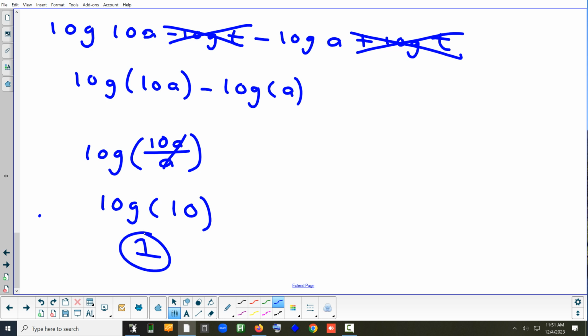If the ground motion changed by 100 times as much, what do you think the change would be on the Richter scale? It's a 2. So a magnitude 5 earthquake versus a magnitude 7 is a 100 times change in the ground motion. So that's the answer. It's a change of 1. That's it. Any questions on that?